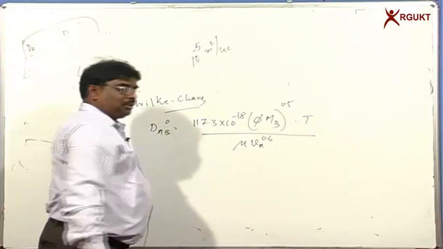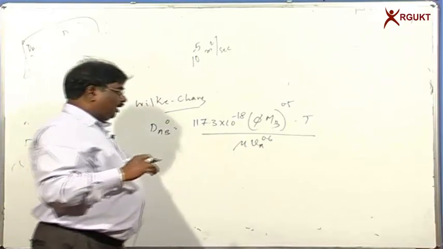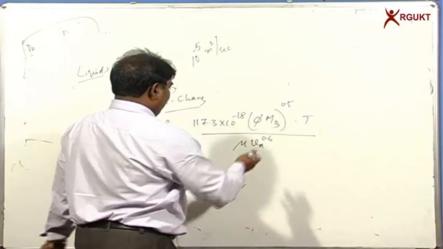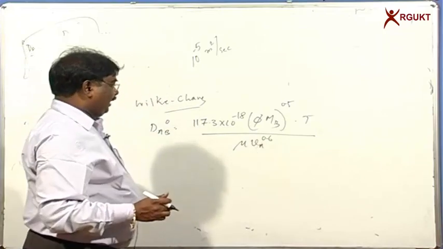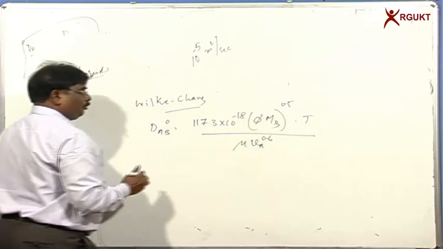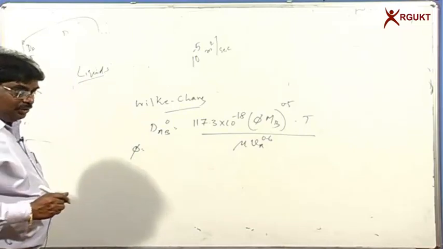mu is the viscosity of the solution. Basically, since the solute is in very small concentration, it is nothing but the viscosity of the solvent, and V_A is the molar volume of A. And the new parameter that we are going to see is phi, which is nothing but an association factor.